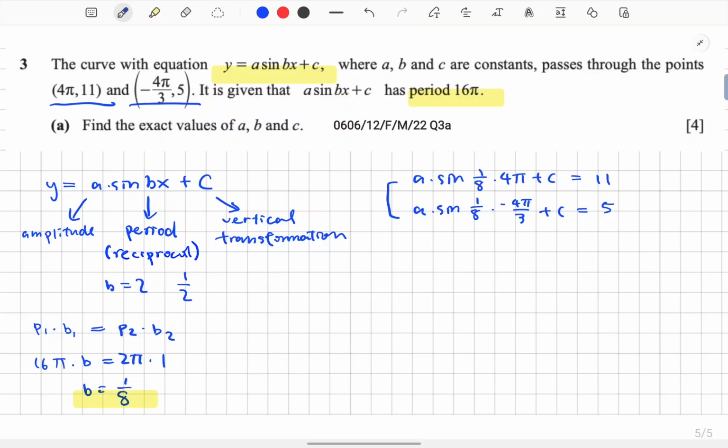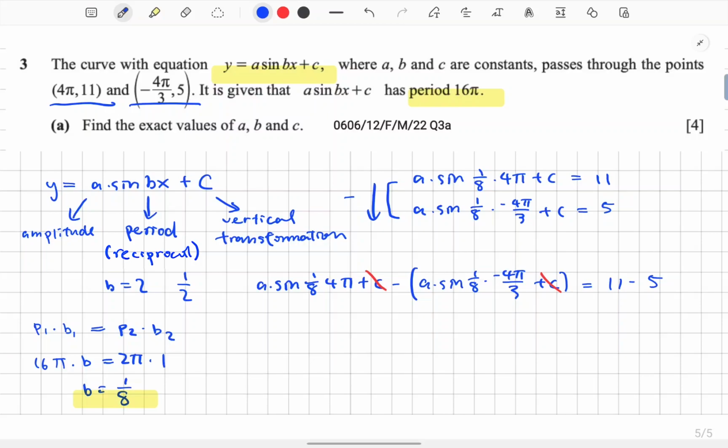There are 2 variables here, so it is a simultaneous equation or a system of equations. My approach of solving it will be subtracting downward, so we can get rid of the c very easily. So the 2 c's here cancel out.